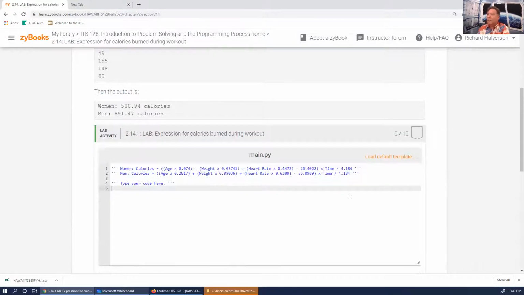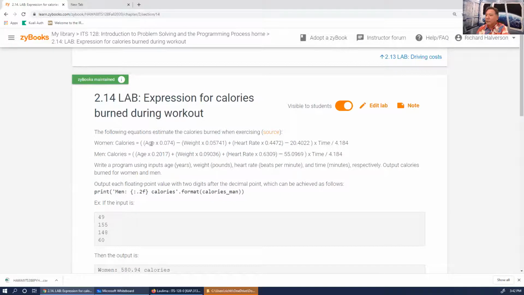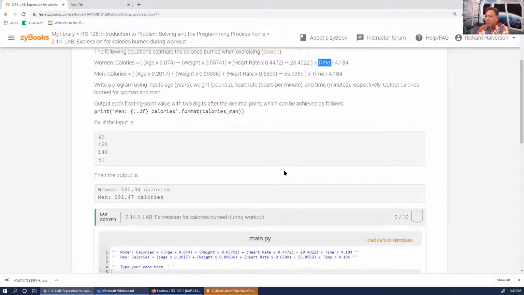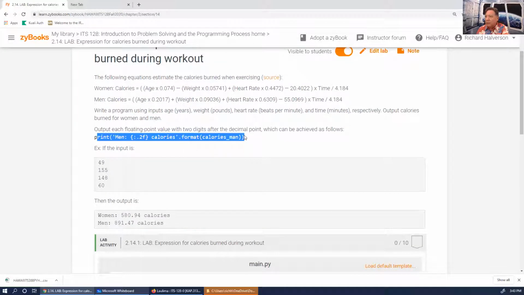Okay. This again is an exercise, and we've got women's calorie. How you compute how many calories a woman burns, depending on the age, the weight, the heart rate, and the amount of time spent. And then for men, it's a different formula. And then they want you to print it out like this.